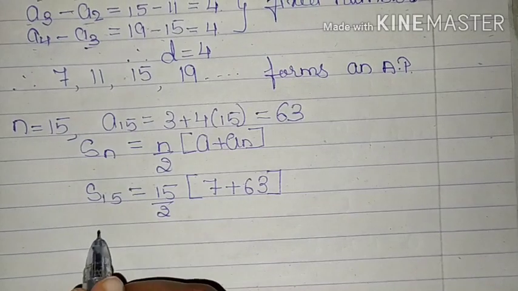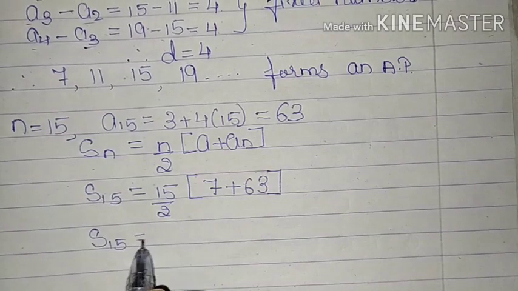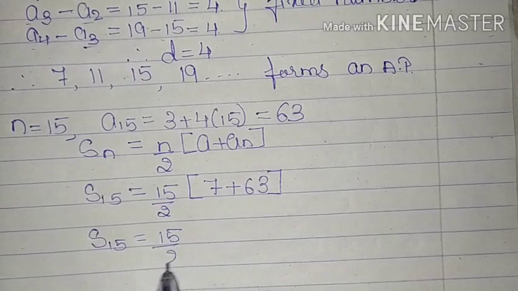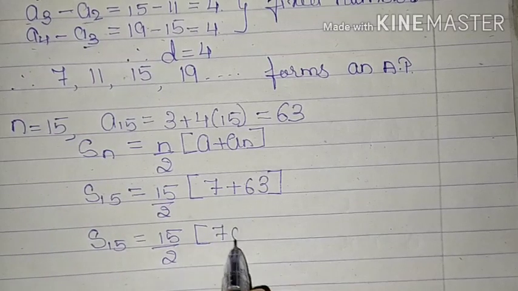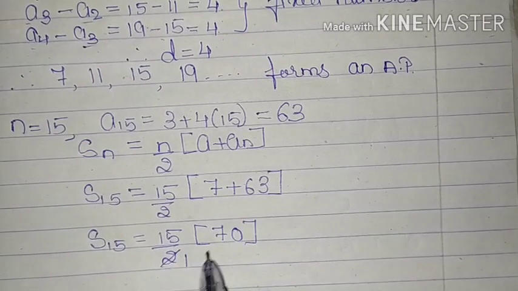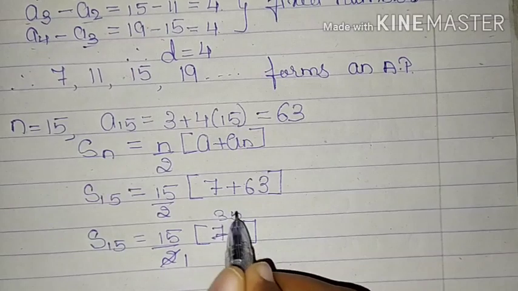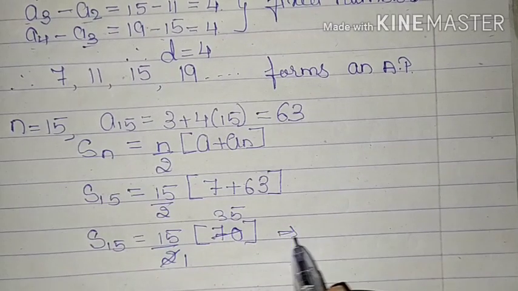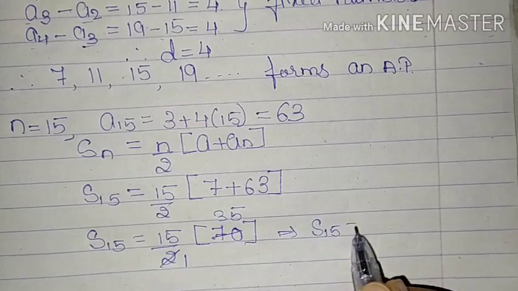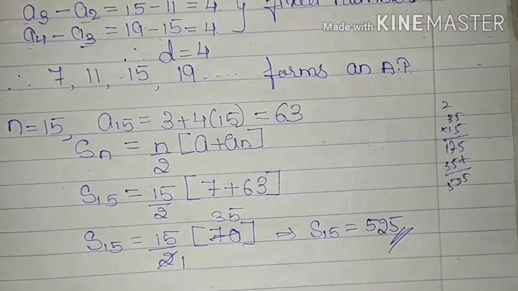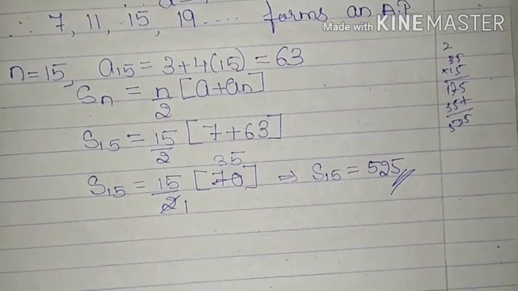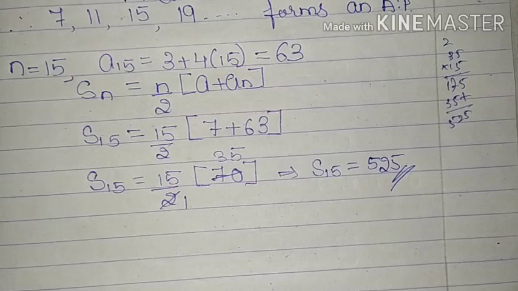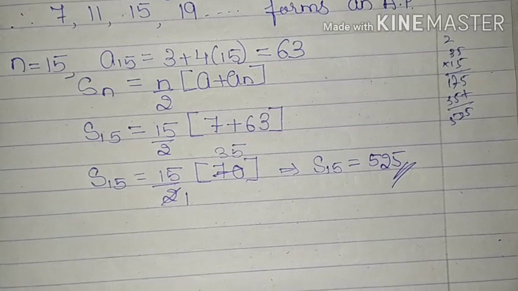So which is nothing but S15 is equal to 15 by 2 into 70. So 2 ones are 2, 35s. This implies my S15 is equal to 525. So the sum of first 15 terms for the given an and for the formed AP is 525.